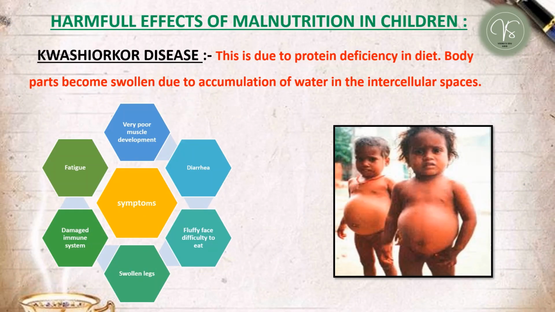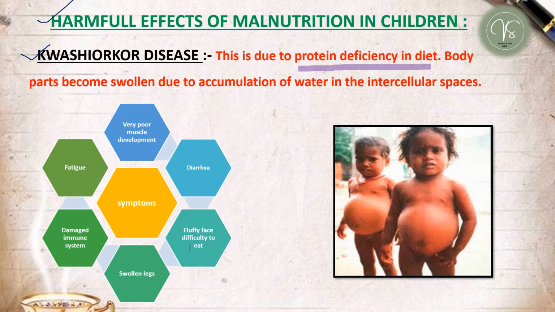Now let us learn the harmful effects of malnutrition in children. Kwashiorkor. Kwashiorkor is a disease which occurs due to protein deficiency in the diet. As you can see in the figure, the child will have a fluffy face, and the legs will be swollen.